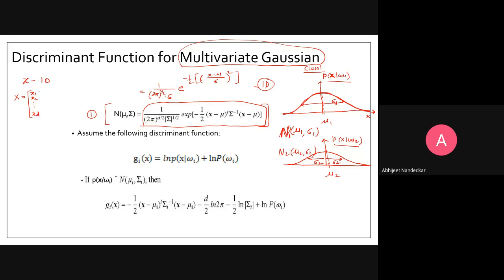D dimensions. Then mu is now the mean vector. You can note down this. X is the input vector and mu is called the mean vector. Now the mean vector is given by mu1, mu2, mu3 up to mu d.